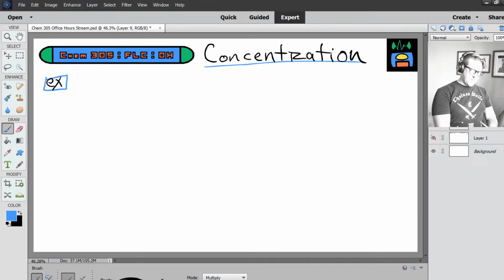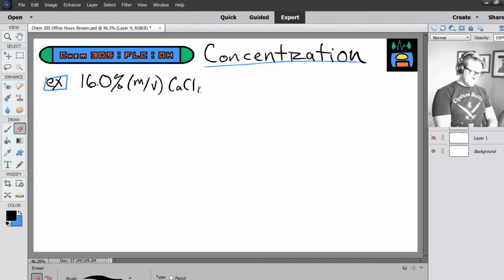Let's say that we have a solution that is 16% mass to volume of calcium chloride.